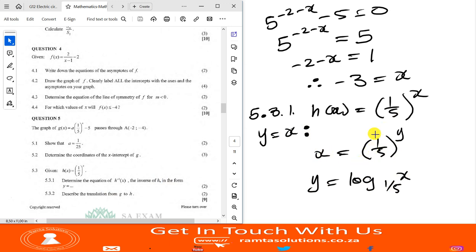I have to add a video where I show you guys how to understand these logarithms. Therefore, h inverse of x is log x base 1 over 5. Happy?